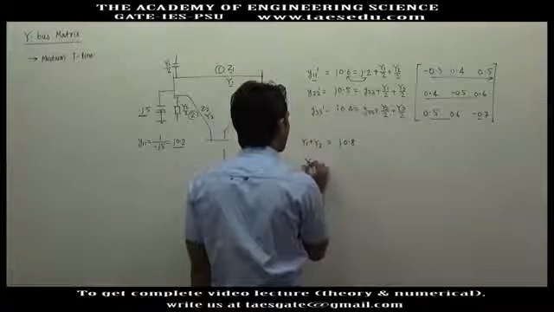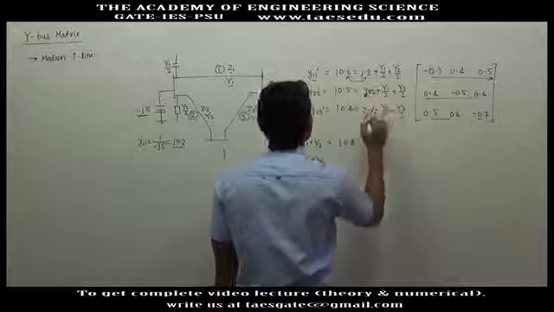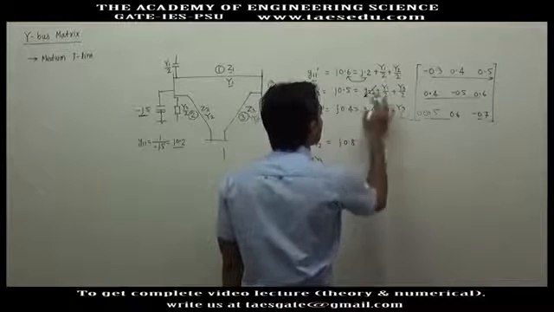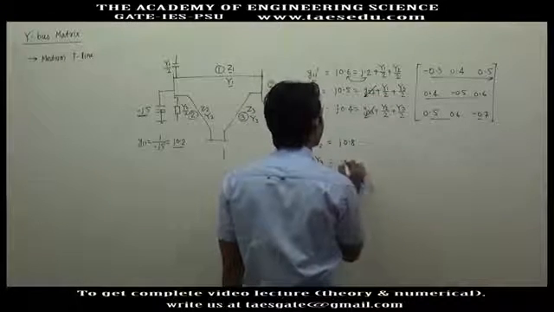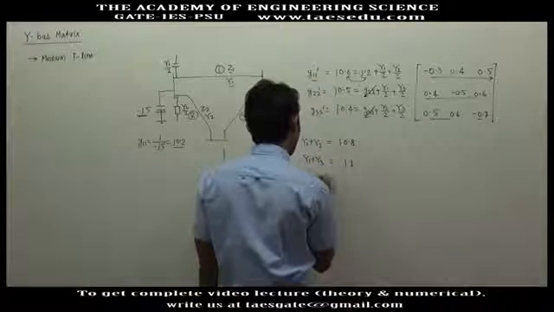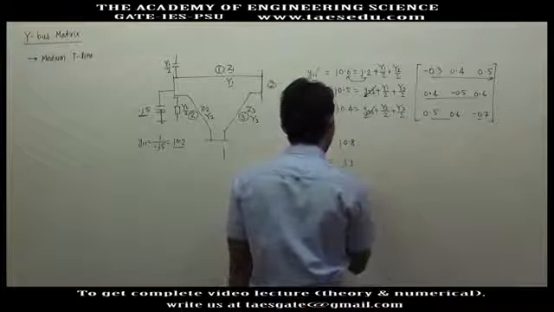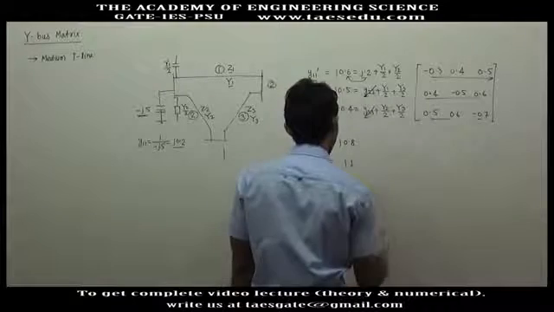Similarly y1 plus y3 will be j1, since y22 is 0 and y33 is also 0, and y2 plus y3 will be j0.8.